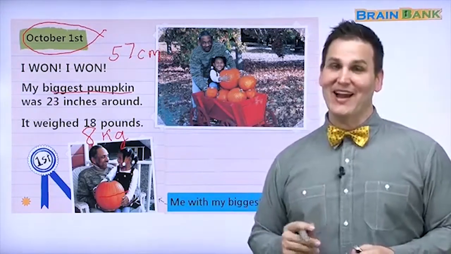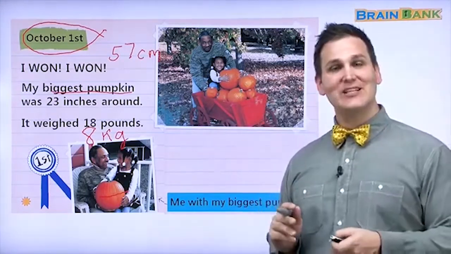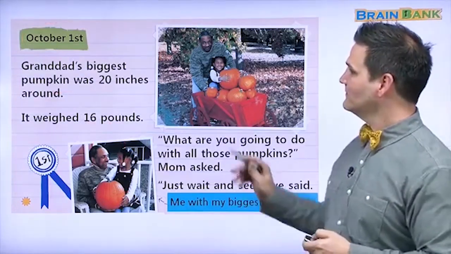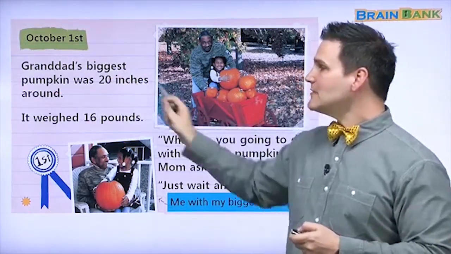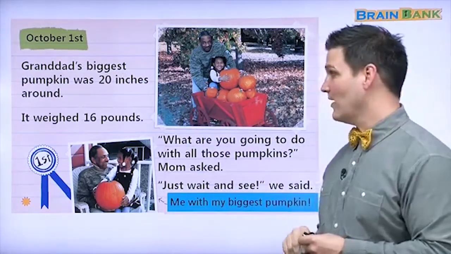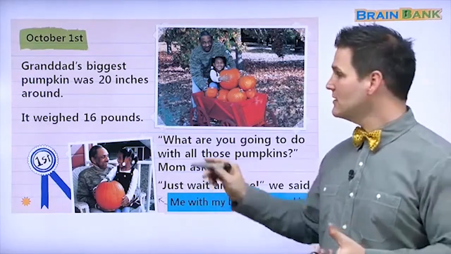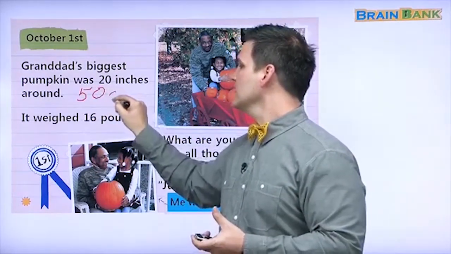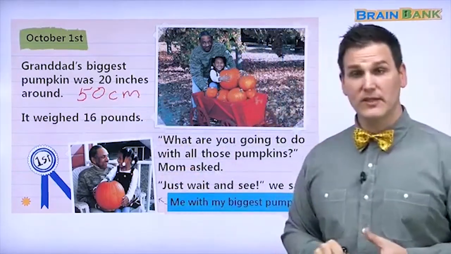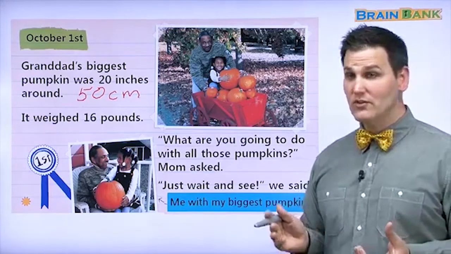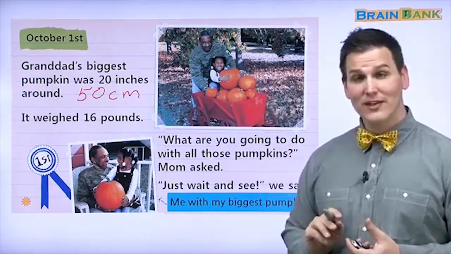Let's find out how big Granddad's pumpkin is. Granddad's biggest pumpkin was 20 inches around. 20 inches is about 50 centimeters. Very close to the little girl's. Very close.